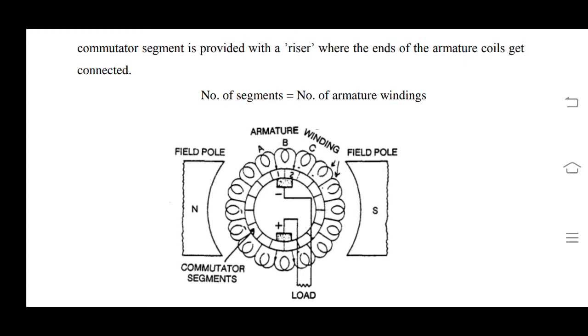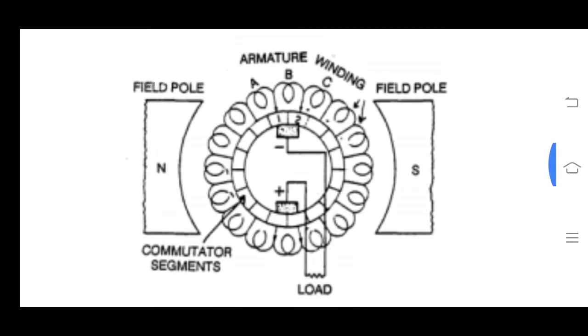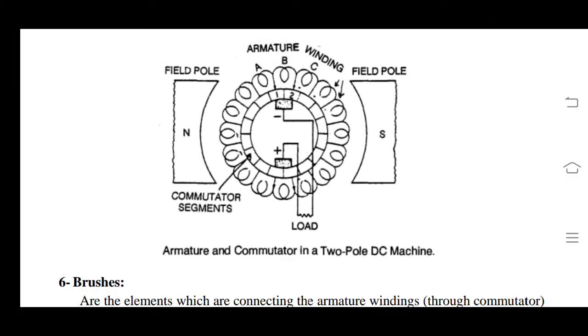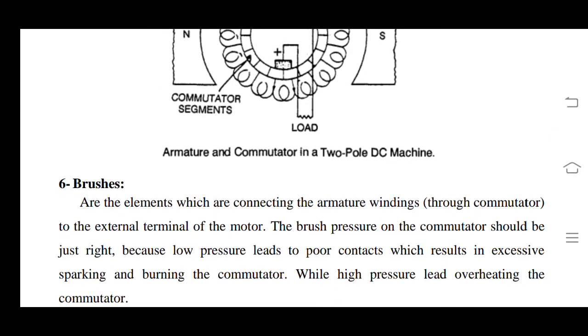So see that here the commutator, from one to the middle, are called the commutator segments. The outer coils are the armature windings. So we can see the minus and plus, that is the brushes. Armature commutator in a two-pole DC machine.